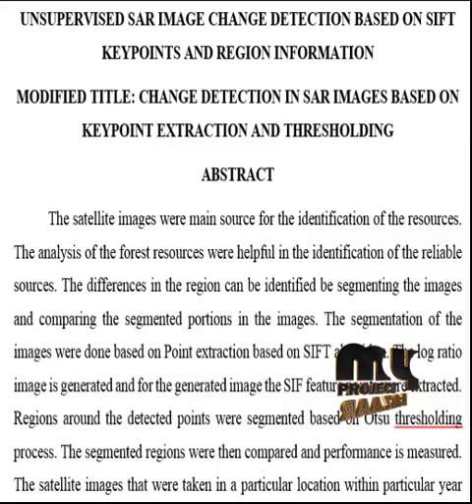The regions around the SIFT points were compared, and based on that the changes in the images were identified. The segmented regions in both of the images were compared.